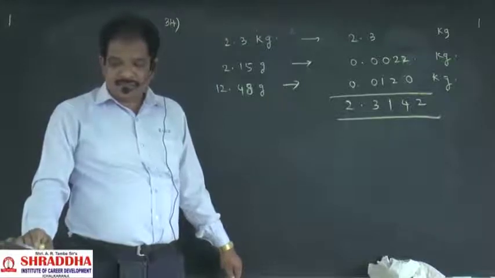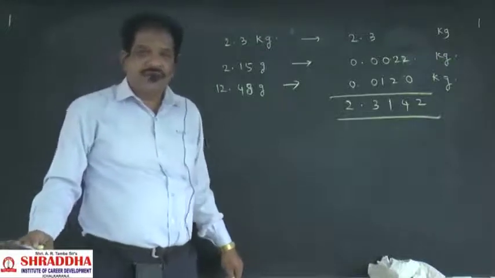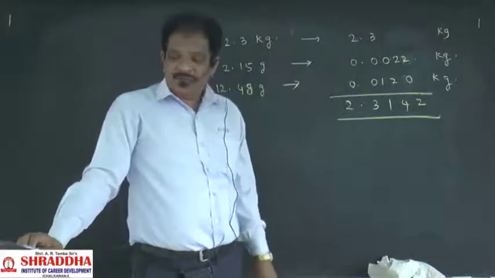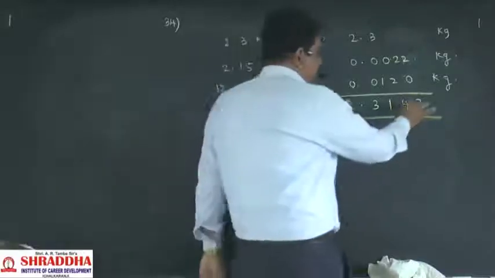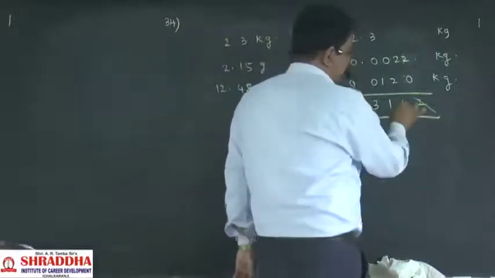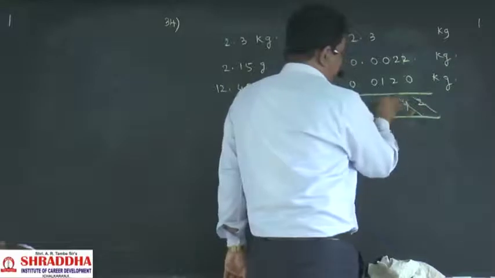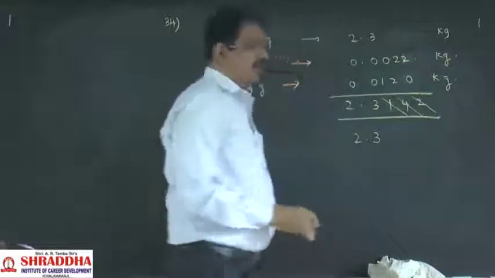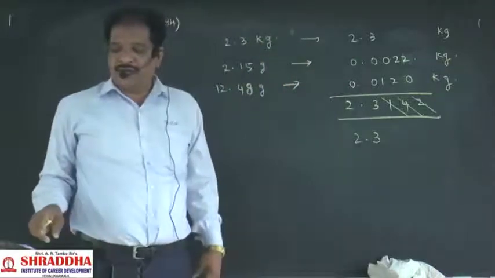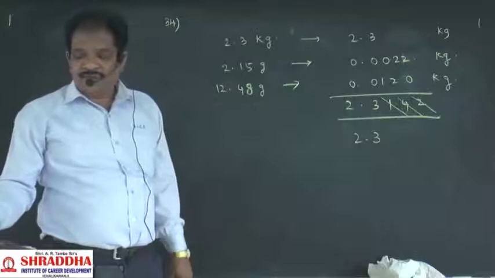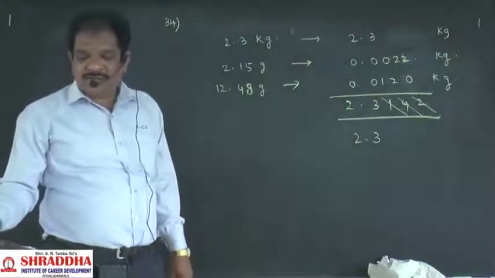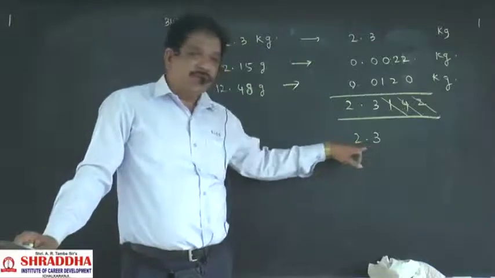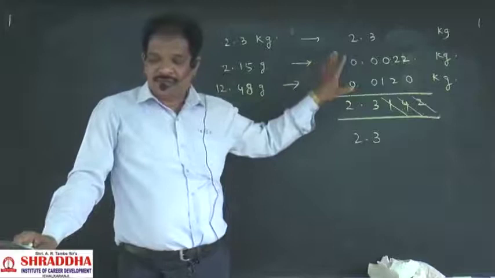Then final answer will also have one significant figure after decimal point. So discard this 2, 4 will not change. Discard this 4, 1 will not change. Discard this 1, 3 will not change. Final answer will be 2.3 kg. Modify the fourth option. You write it as just 2.3. Okay? 2.3 will be the answer of all of this.